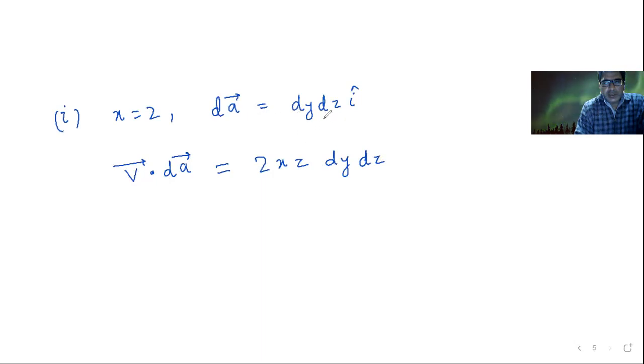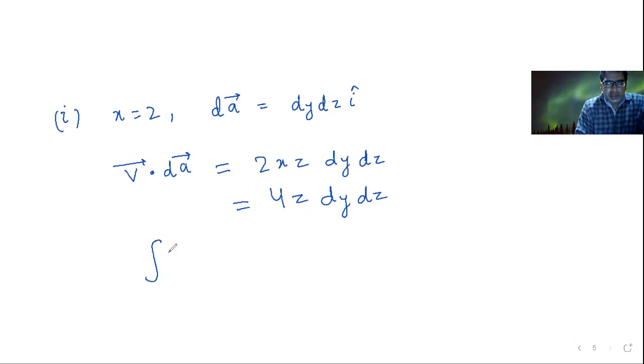Its x component is dy dz, and the x component of the vector field is xz. There will be xz dy dz. Since x is 2, it will become 4z dy dz, right? I have substituted 2 for x.